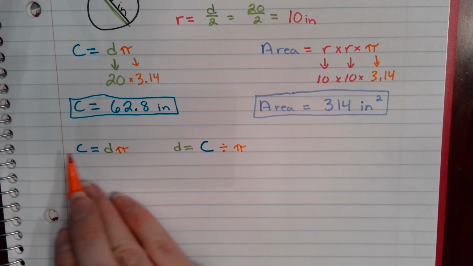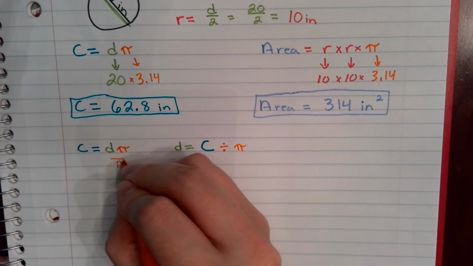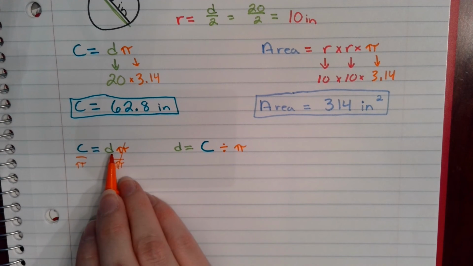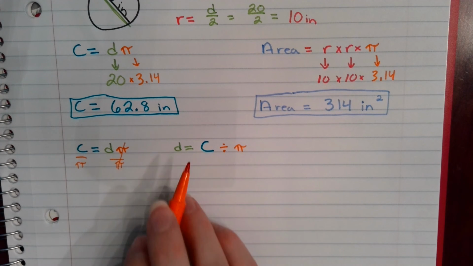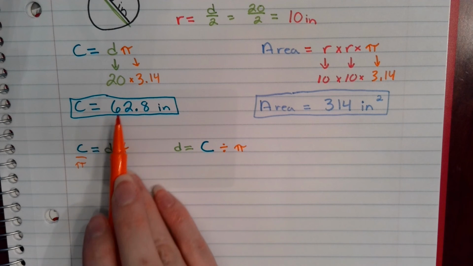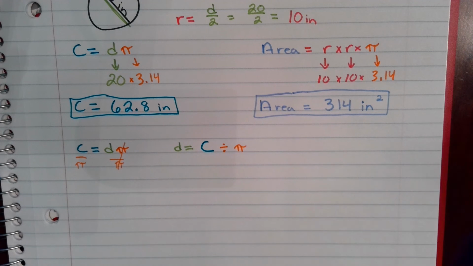If I divide both sides by pi, that's going to get rid of it on one side, and I'd have to divide by pi on the other. I would now have diameter is equal to circumference divided by pi. This is really important to know because sometimes you might be given a circumference and you need to find out what the area is.